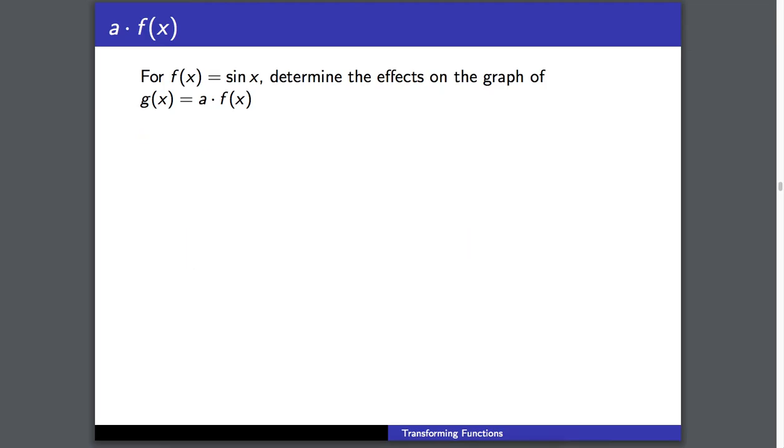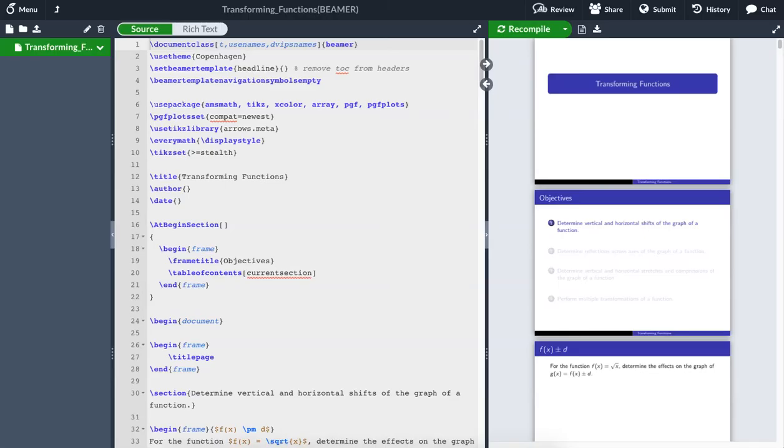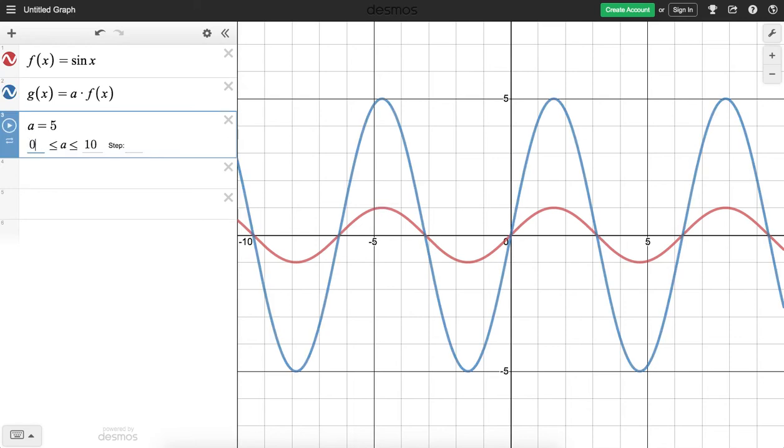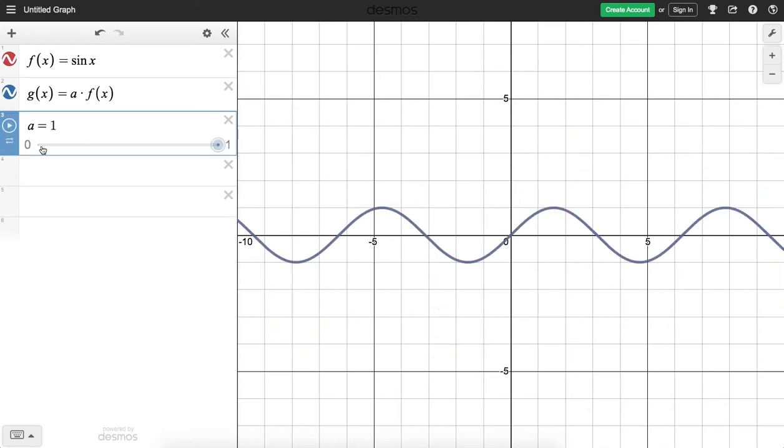All right, now let's see what happens if instead of a number bigger than 1, it's between 0 and 1. I'm just going to adjust these values here. All right, and now let's see what happens as we multiply by a number between 0 and 1. Notice now our graph in blue is getting closer to the x-axis, so it's pressing downward.